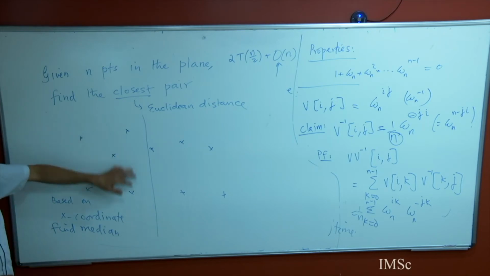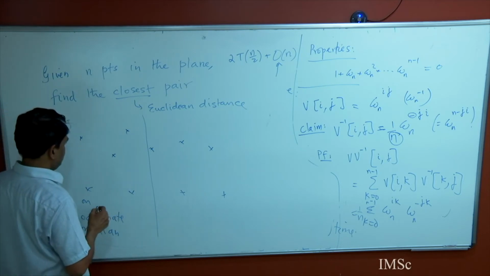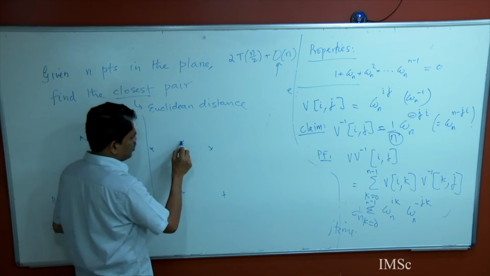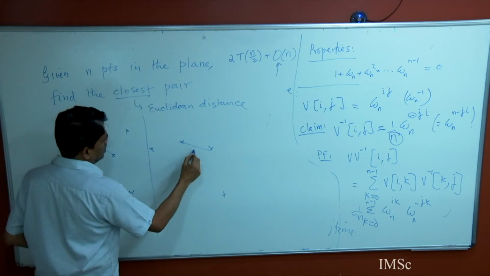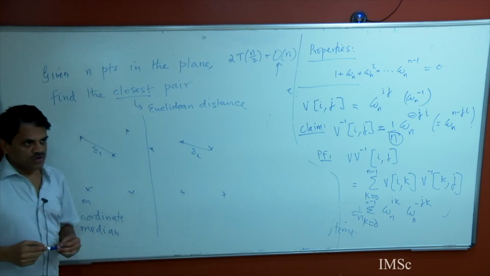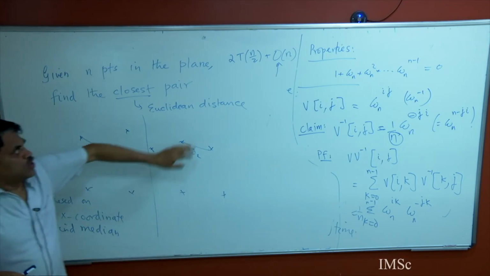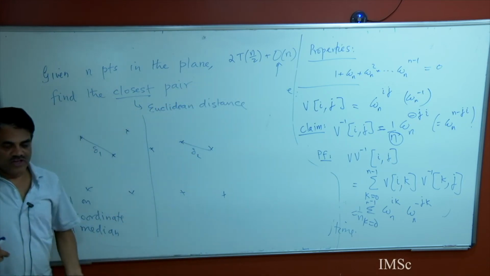And recursively find the closest pair here. Right. So maybe this was the closest pair. And find the closest pair here. Let's say this distance is some delta 1, this distance is delta 2. So that's like 2T(n/2). Now what do we need to do?